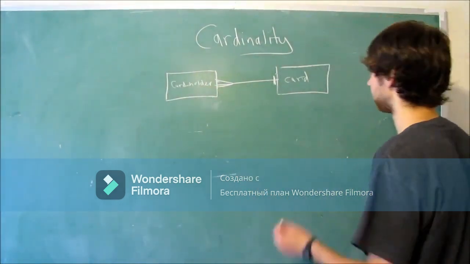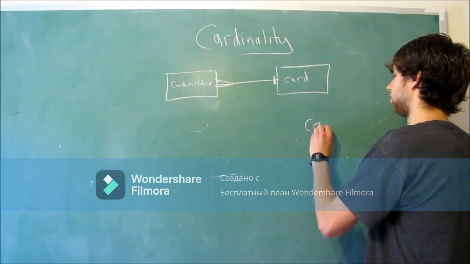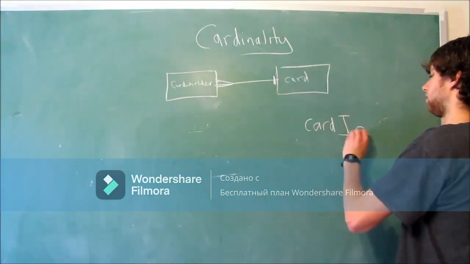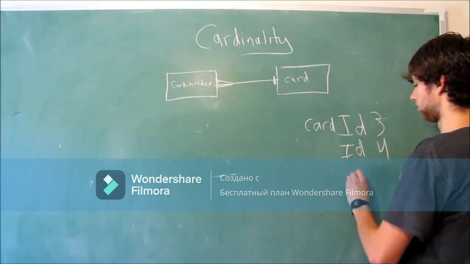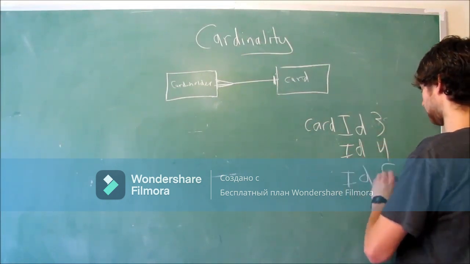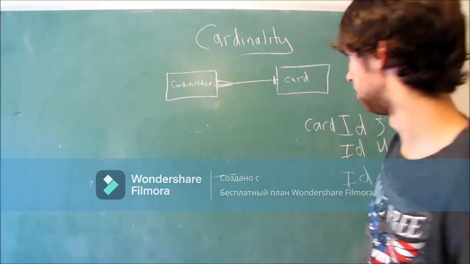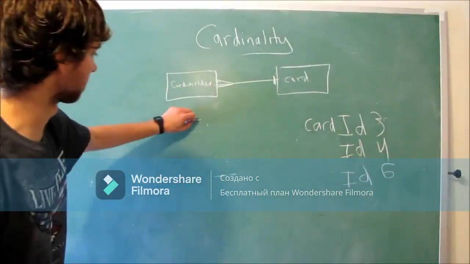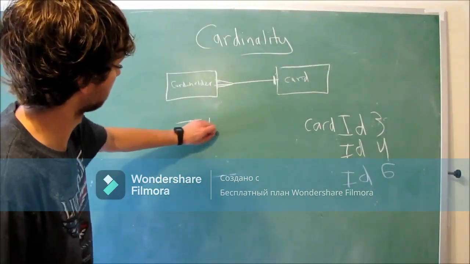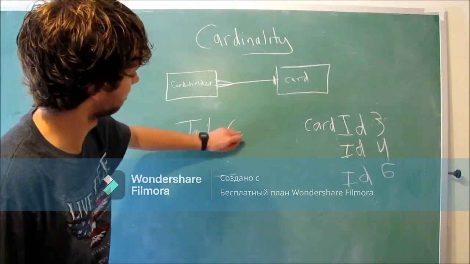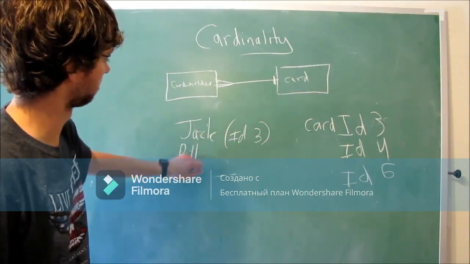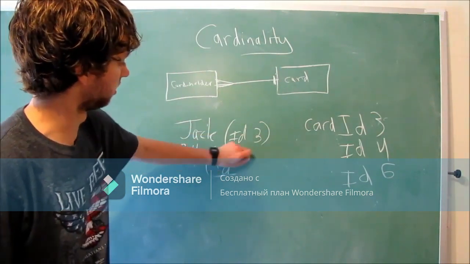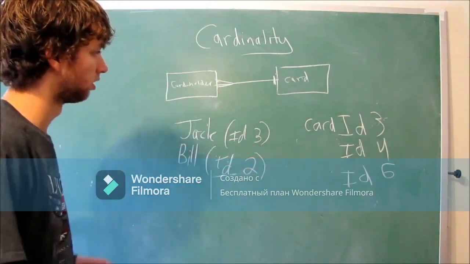So now we think of it the other way around. We have a card with the ID 3. We have a card with the ID 4. The ID of 6. It doesn't really matter what the numbers are. And then we have a card holder. We just got a guy named Jack, with an ID of 3. And then we got Bill, ID of 2.